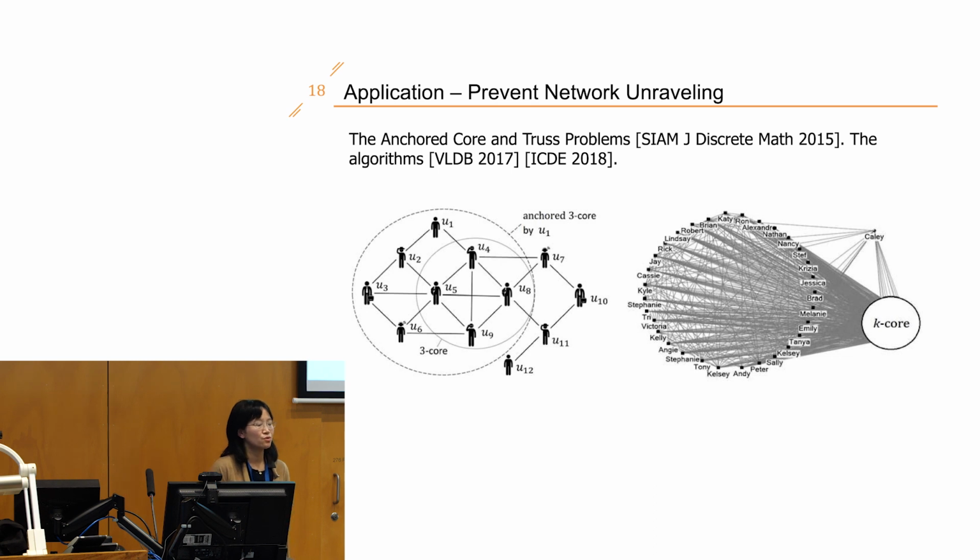But now no one uses it. It collapsed. Why did it collapse? Sociologists want to study it, and computer scientists also want to study it. The k-core model has been a very powerful tool to study the cohesiveness of social networks.